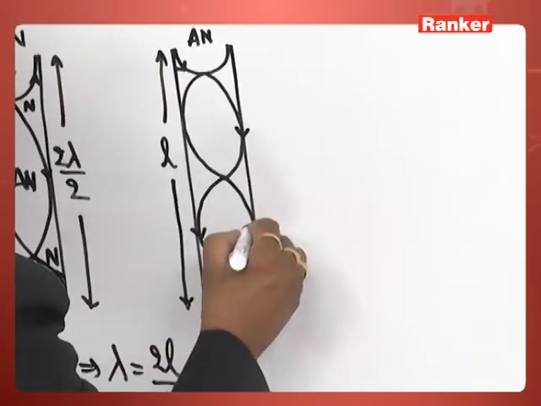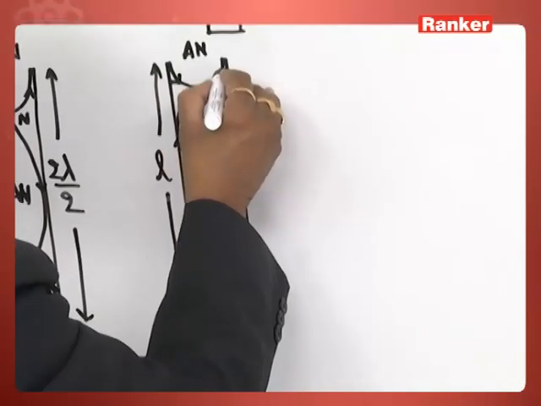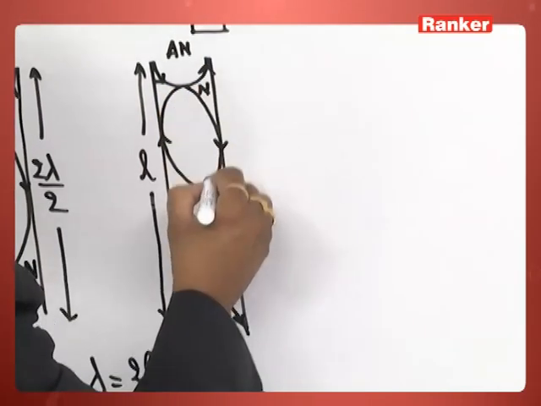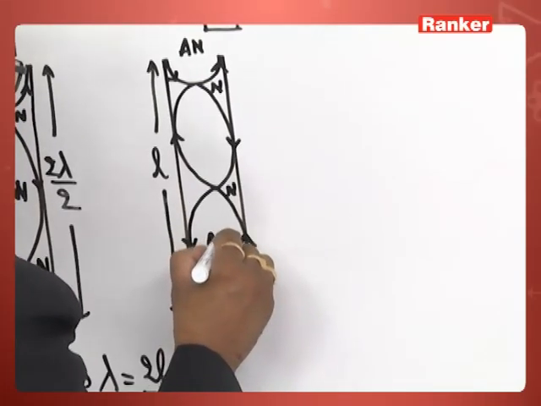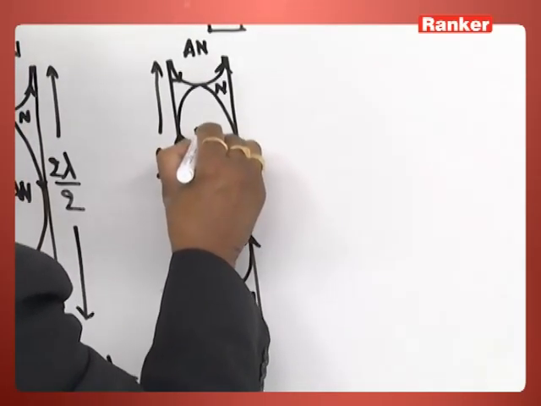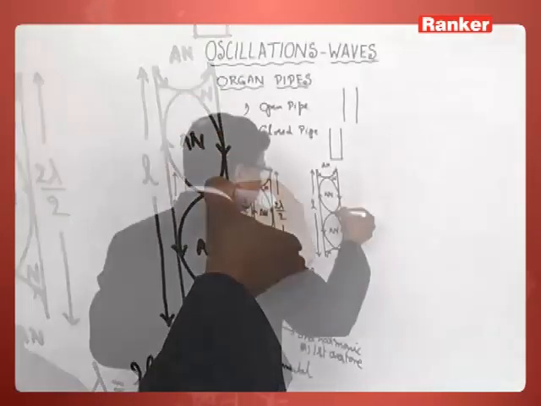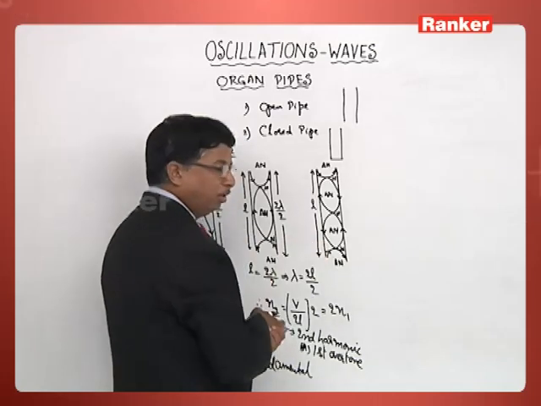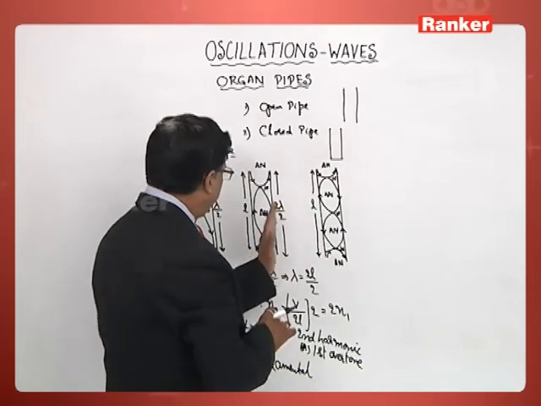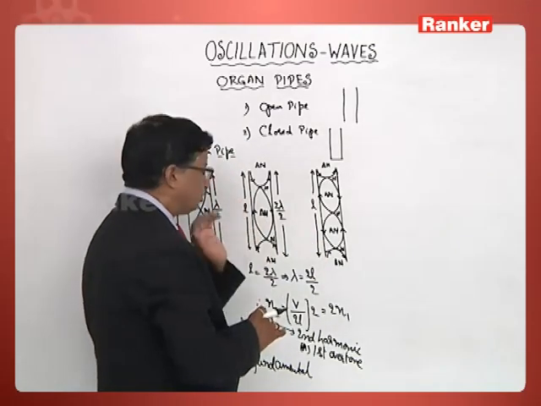reflects this way, thereby it forms a stationary wave. With how many nodes this time? We will be finding 1, 2, 3 nodes and 4 antinodes are being formed. This is the next harmonic than this.